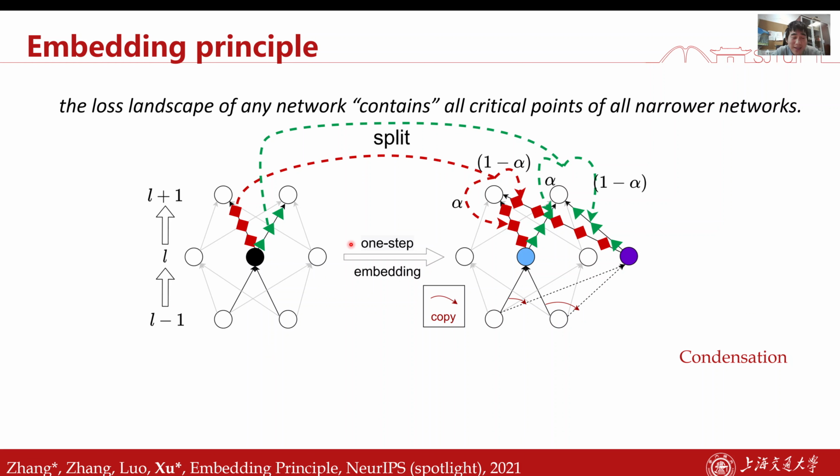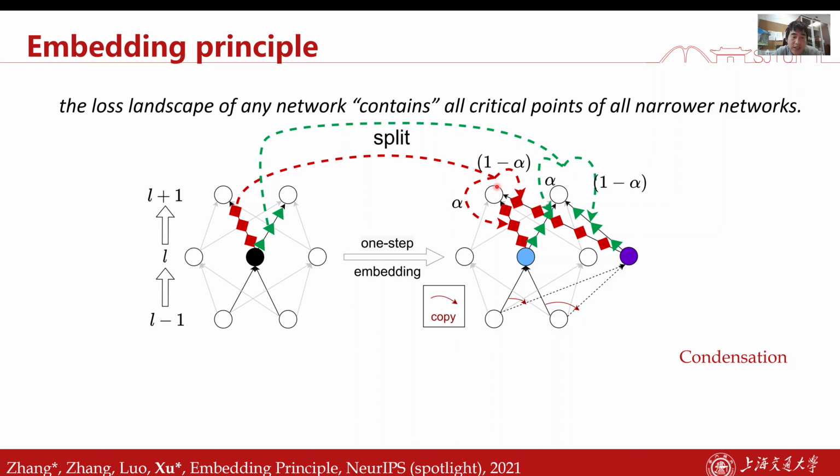Now consider this network, with information propagating from layer L-1 to layer L to layer L+1. We pick a neuron in layer L and split it into two neurons. But this split has some very strict rules. It has the same input weight; the input weight is copied. And the output weight is split with a fixed ratio.